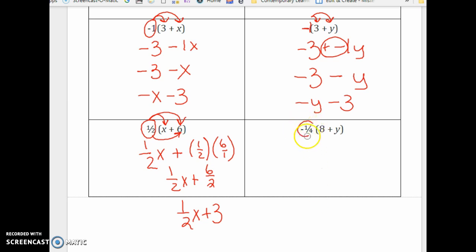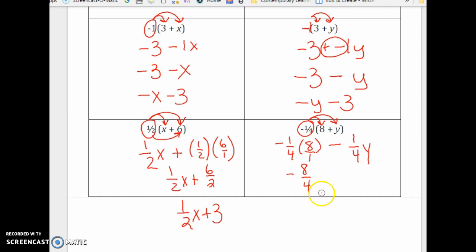In this case, I have negative 1/4 times 8. So I'm going to just write it so you can see. Now in this case, it's a negative 1/4 times a positive y, so I'm going to keep the negative. The signs are different, and I have negative 1/4 times y. Now, I can show you again how to multiply 1/4 times 8, but really what it is going to be is negative 8 over 4.